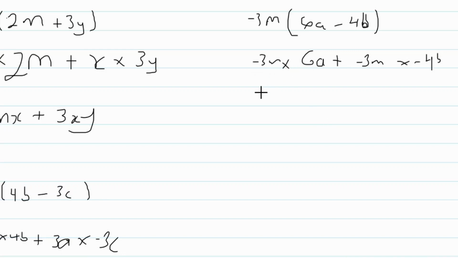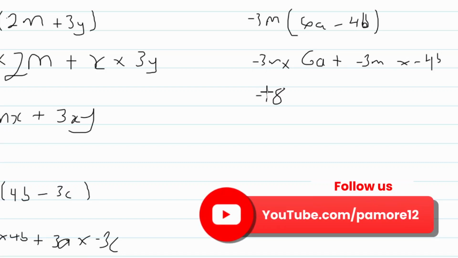Okay, so now we multiply our terms. So minus 3 multiplying 6 is going to give you minus 18. So let's keep in mind, anytime a negative and a positive are multiplying, the result is negative. We know that 3 times 6 will give us 18, but because one of the numbers is negative, our answer is supposed to be negative.